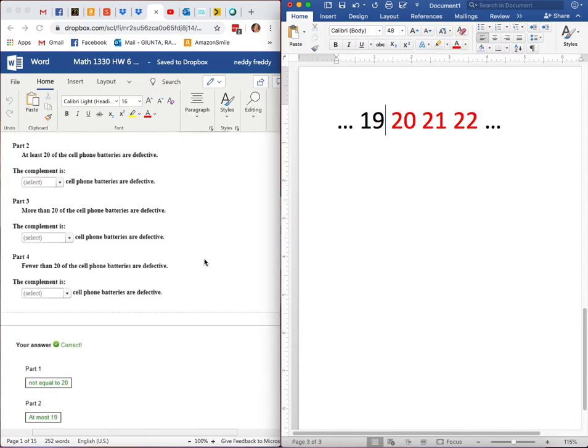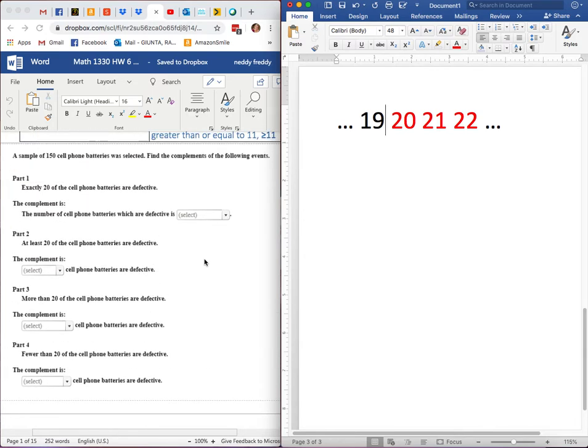So for this one, the answers would all say at most something. I think it would be at most 18, and that can't be it because that would not include 19. At most 19, which is going to be the correct answer here because it includes everything up to 19, but nothing beyond that.